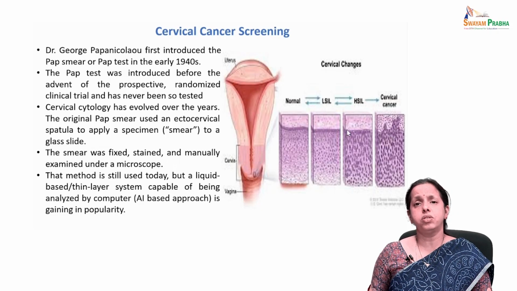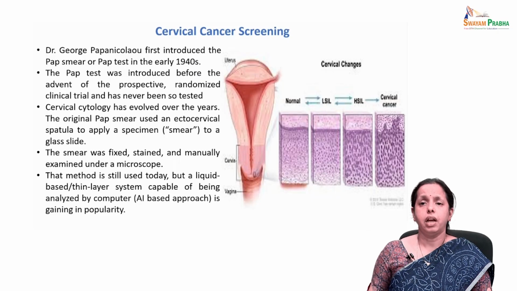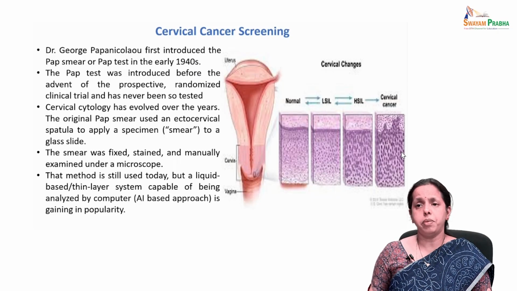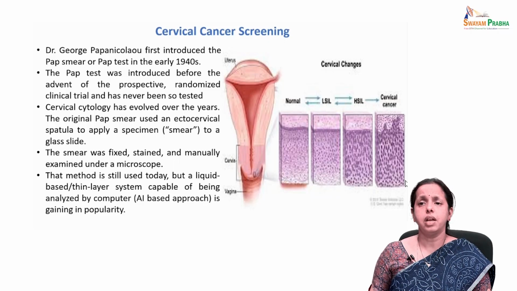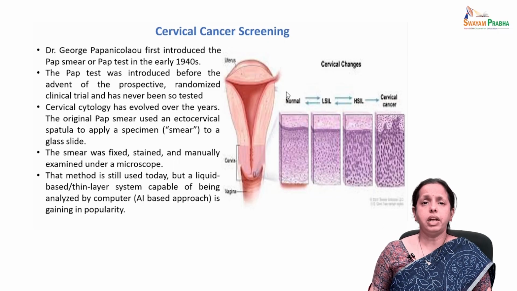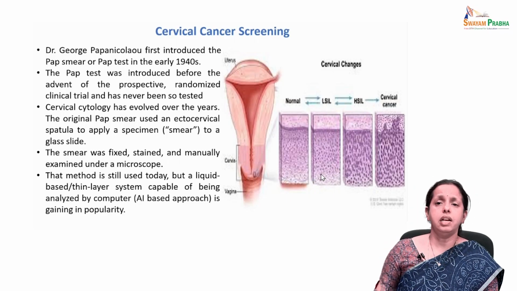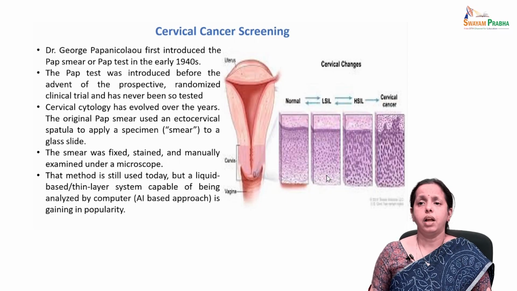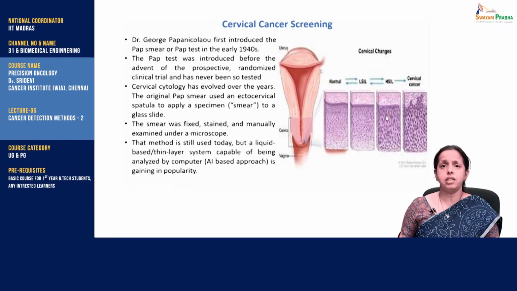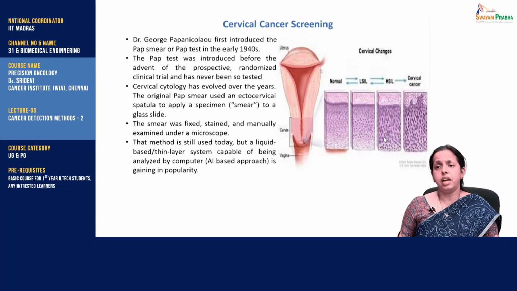CIN is usually graded from 1 to 3, based on how abnormal the cells look under a microscope and how much of the cervical tissue is affected. Usually LSIL changes are CIN1, while HSIL changes seen are usually CIN2 or CIN3.